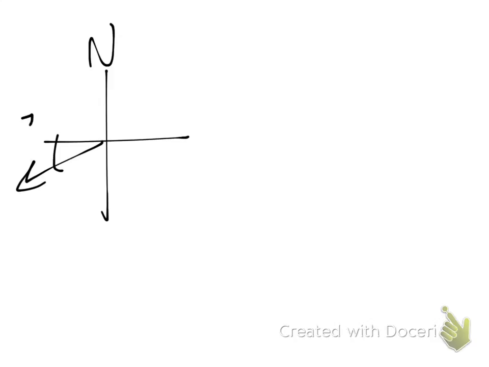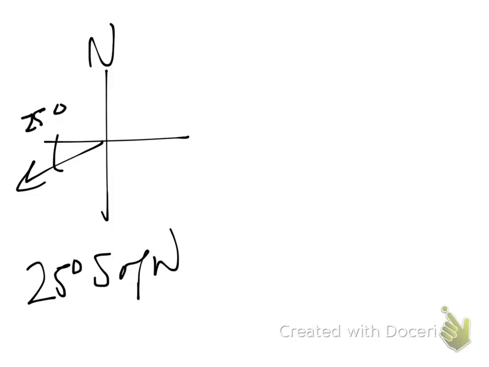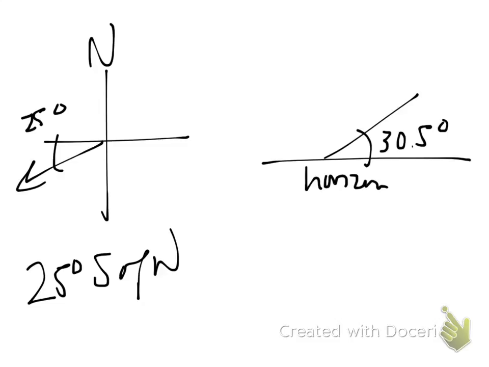Okay, so then you had some angles to identify. You have this, and you need to tell me that for 1 point that is 25 degrees south of west. Then you have this. That is 30.5 degrees above the horizon.